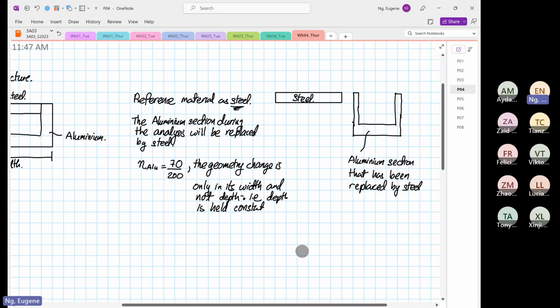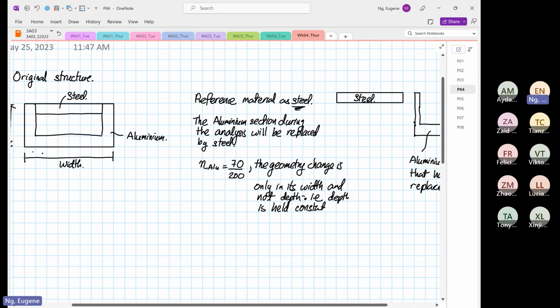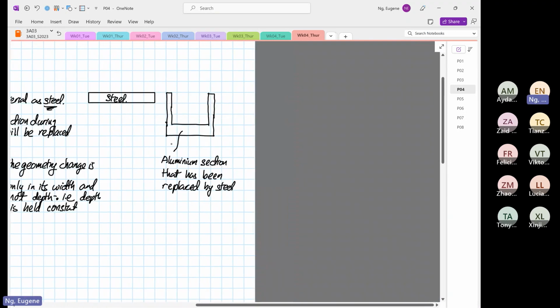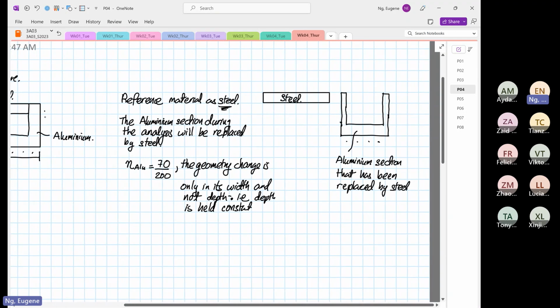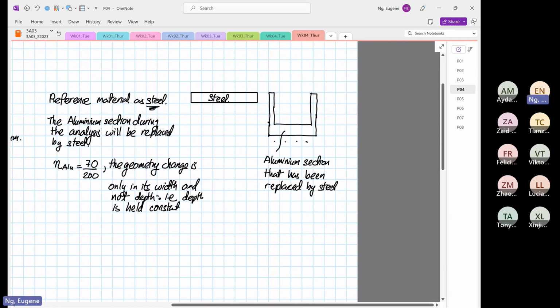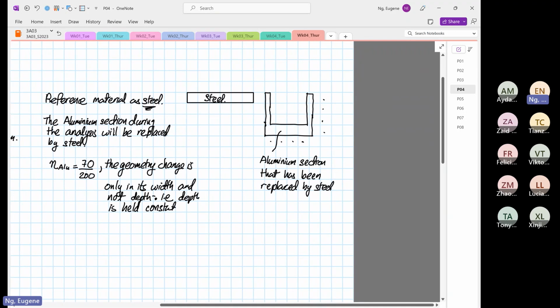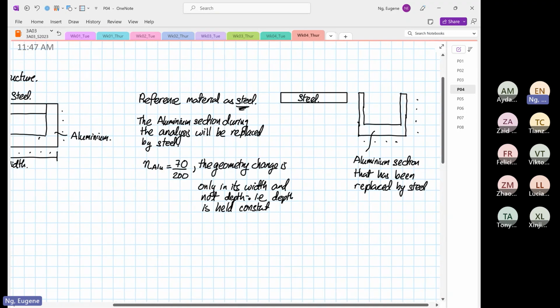So if the original width is 1, 2, 3, 4, 5, 6, 7, 8, the new width is just, for example, this is just a sketch, 1, 2, 3, 4. The width is still the same. However, the depth got 4 boxes, 1, 2, 3, 4. The depth thickness is one square. This is also 1 square.